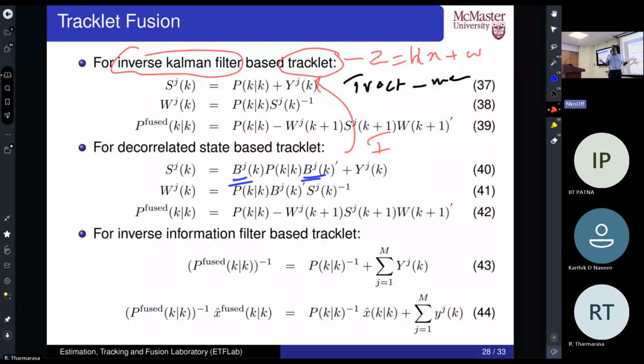Then we use that measurement to fuse as we normally do with measurement level fusion rather than track level fusion. So by doing this, we eliminate the correlation process. Okay, I would recommend using this. I don't have any concern over that, but you have to be careful about the inverses. Finding inverses, you may end up with some issues somewhere. So in the code, you have to handle that to avoid a crash.